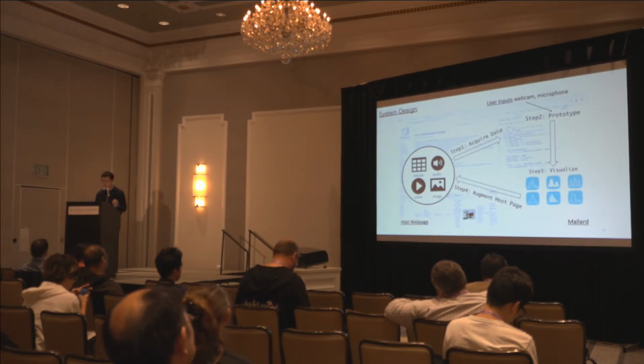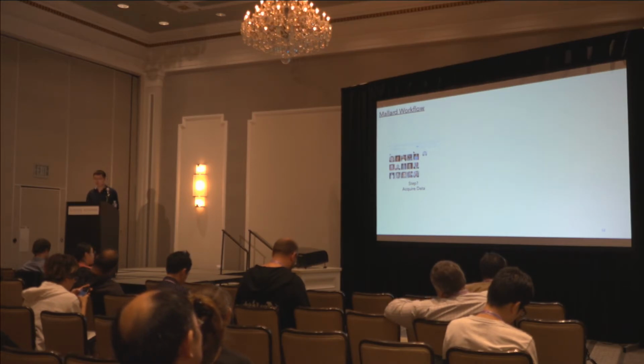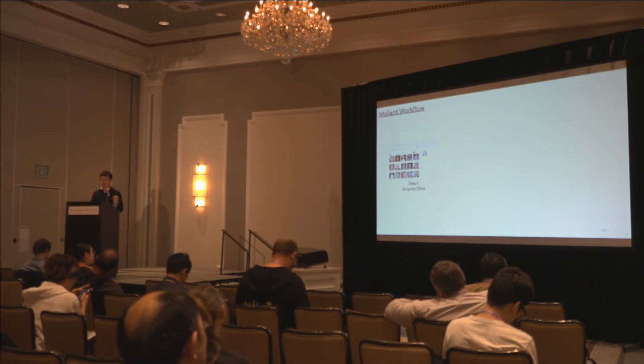Great. So in the previous example, we can see how we use Mallard in this 4-step workflow to prototype a machine learning application. The first is to acquire different types of data from the host page to Mallard and then convert them into a programmable JavaScript object.